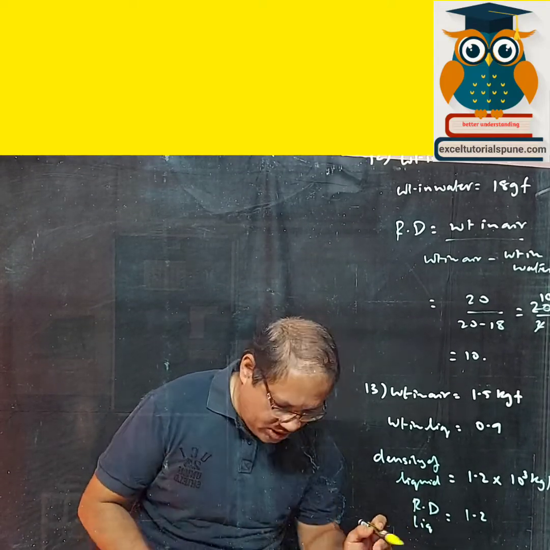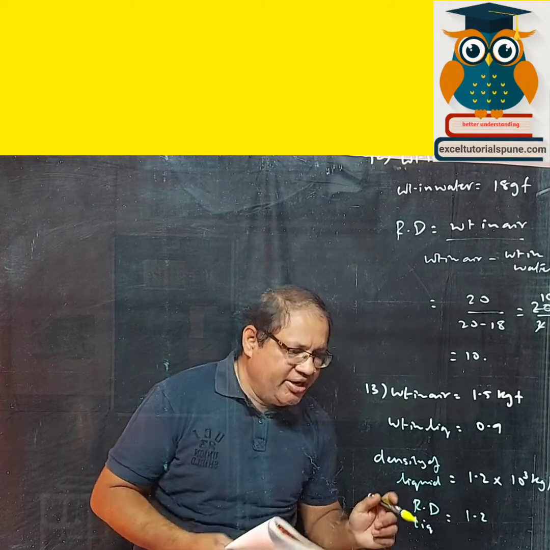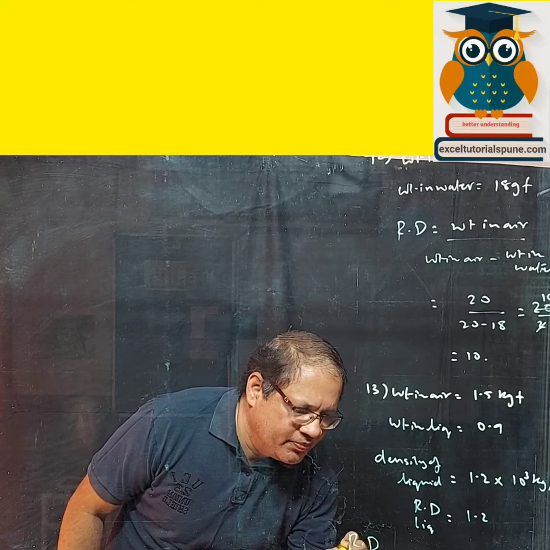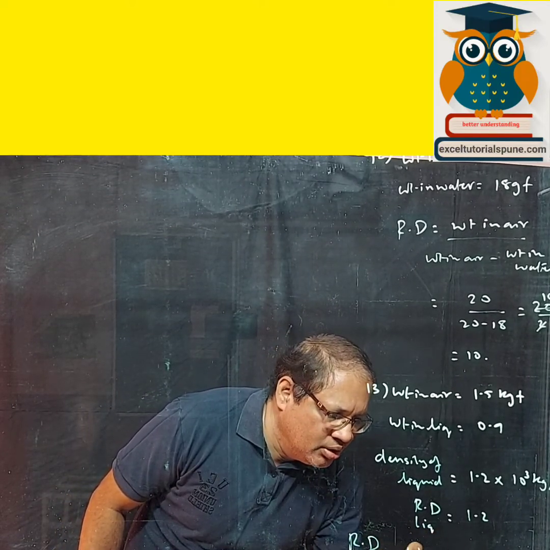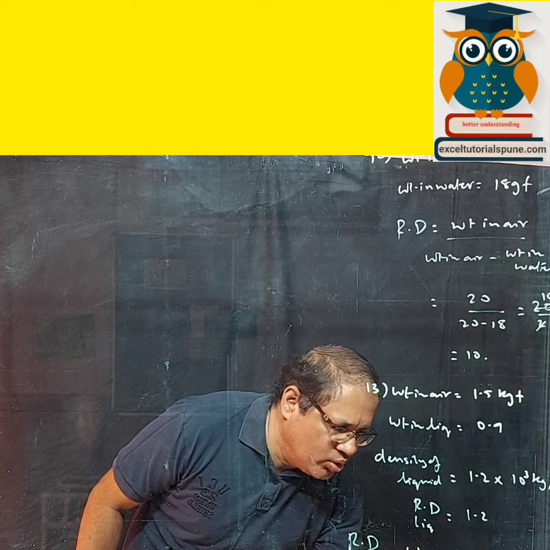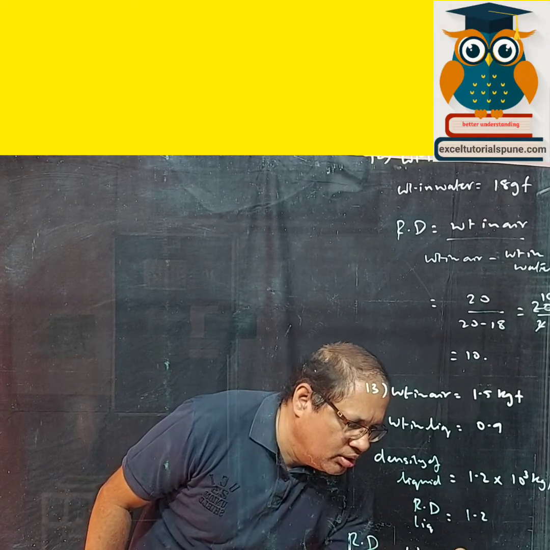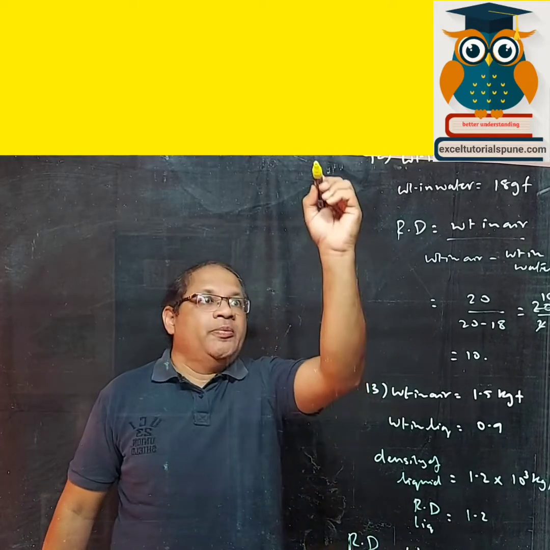So what have they asked for in the 13th sum? Calculate the relative density of solid. Relative density of solid will be weight in air upon weight in air minus weight in liquid, into relative density of liquid.